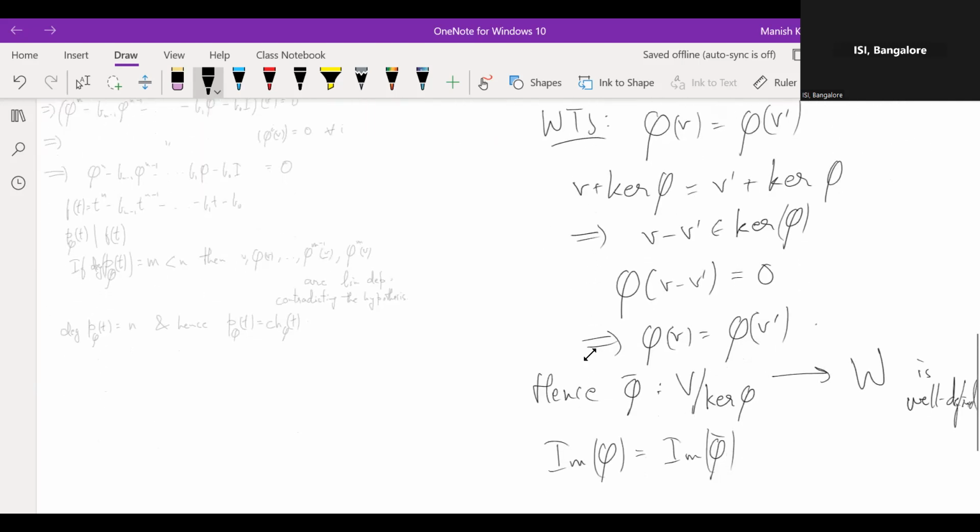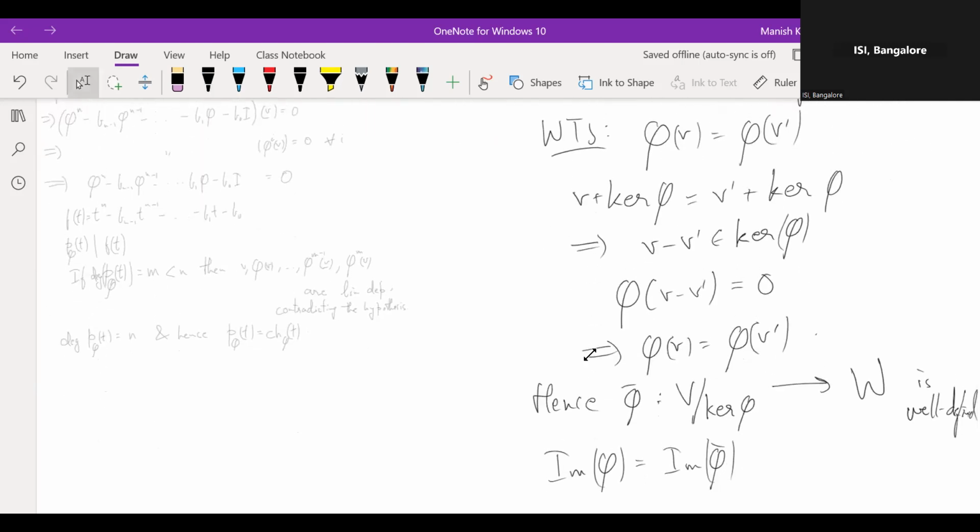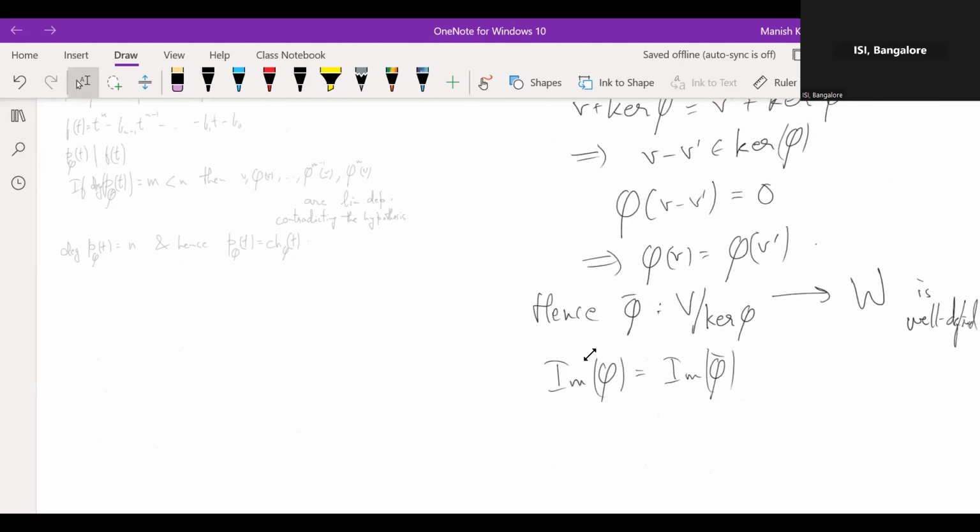Because if little w is in the image of phi, that means w is phi V, which implies w is phi bar of which element?